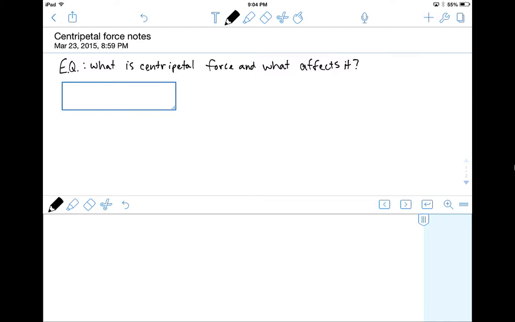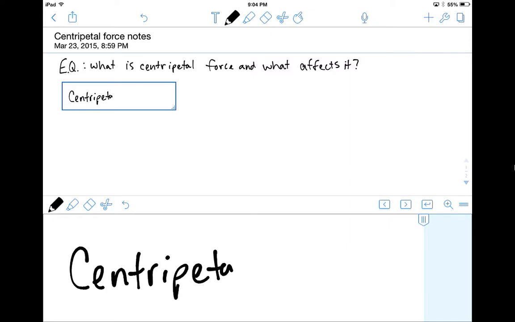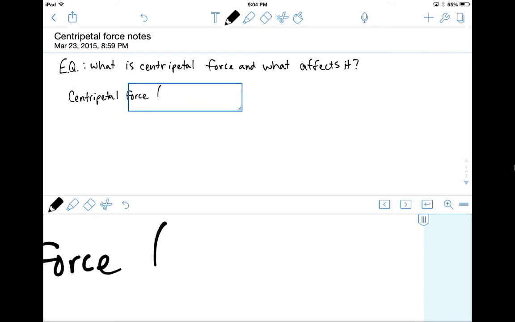So centripetal force. And here I'm going to put, in parentheses, our notation. So centripetal force, we can shorten it by calling it FC. So remember how we had FG, we had FN. Well, now this is a new one, FC for centripetal force.